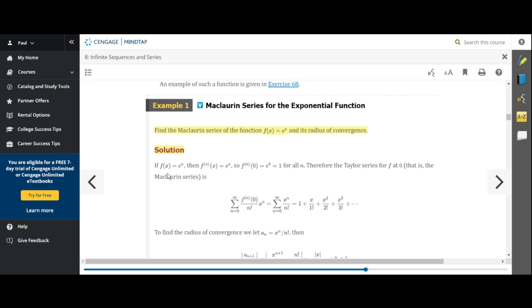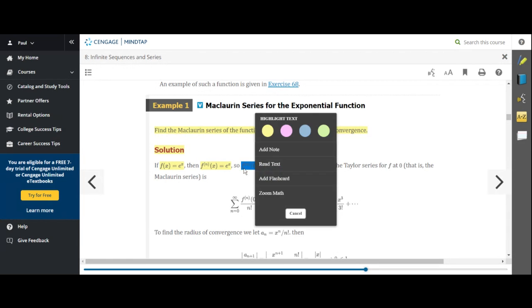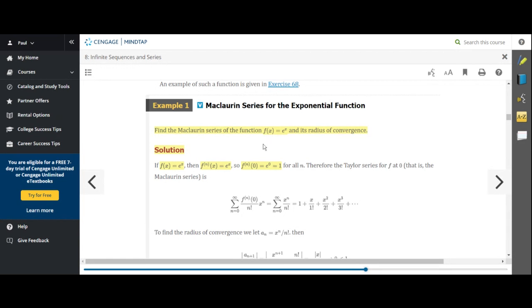The books always start off with this one. f of x equals e to the x. All the derivatives of e to the x are e to the x. For the Maclaurin series, we have to evaluate the derivatives of the function at a equals 0, so all those derivatives are going to equal 1.